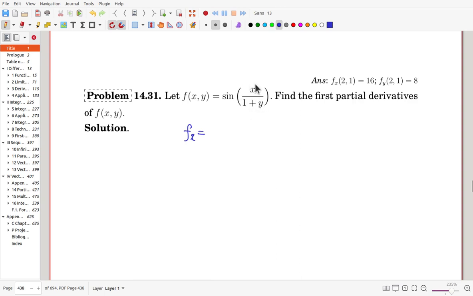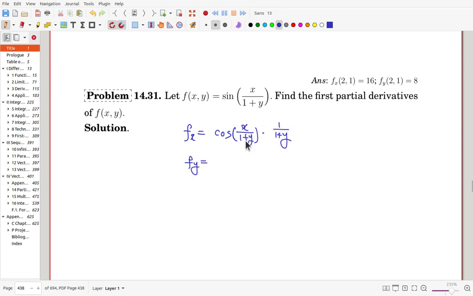So first, with respect to this one, we take the derivative, which is cosine of x over 1 plus y. Now, for that block, we take the x derivative, then there must be 1 over 1 plus y. Right?